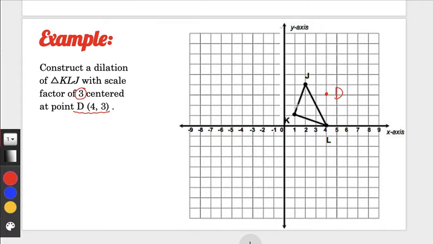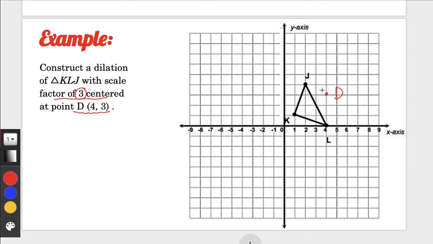And then what we are going to do, as I mentioned before, is start from this point and check how I move from this point to each vertex. And then we just need to repeat this process, as we mentioned, for a scale factor 3 times. So let's check how we do that.